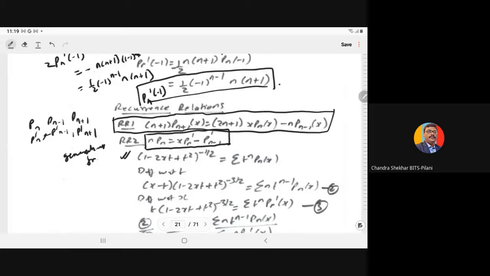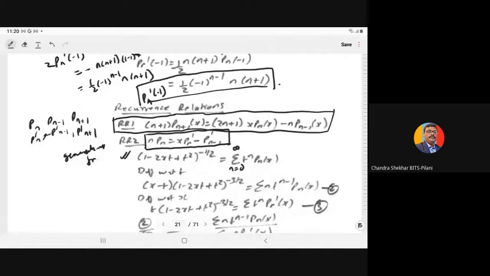(1 minus 2xt plus t square) to the power minus half is equal to the summation n equal to 0 to infinity of t to the power n P_n(x).